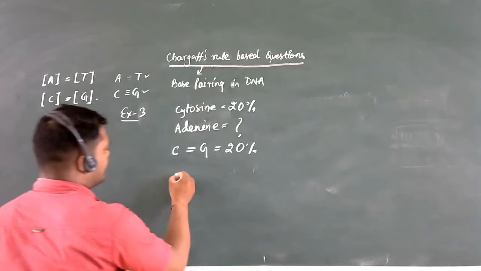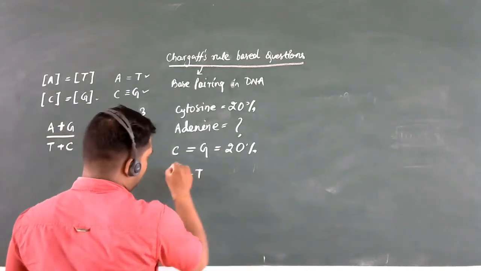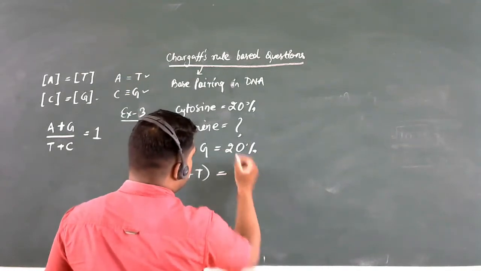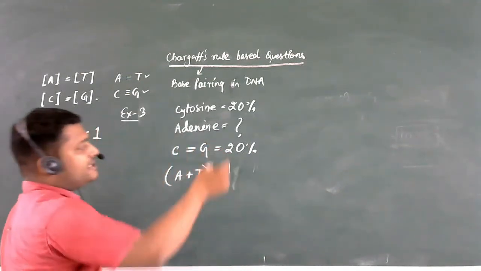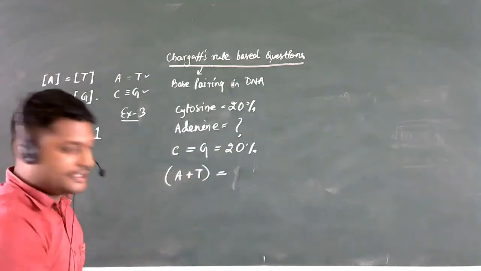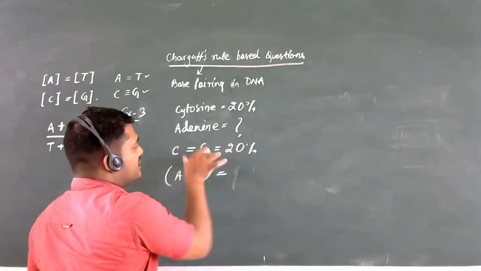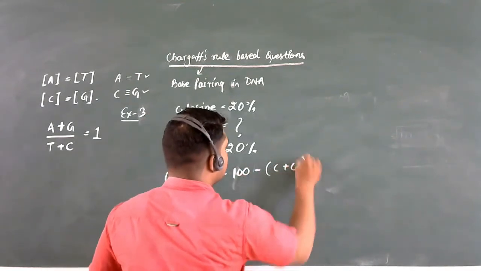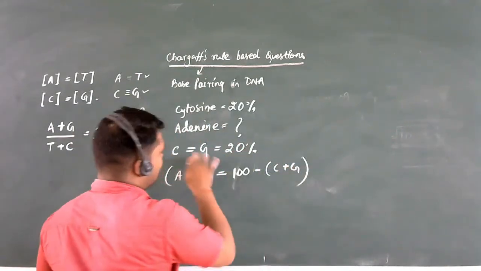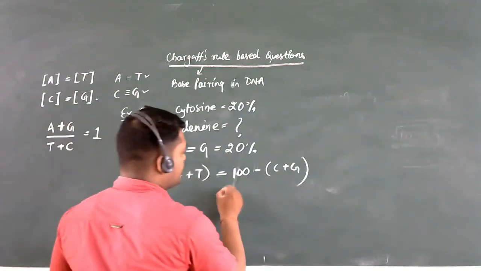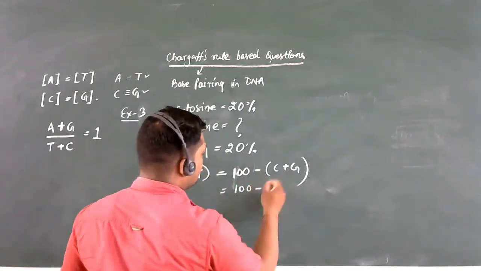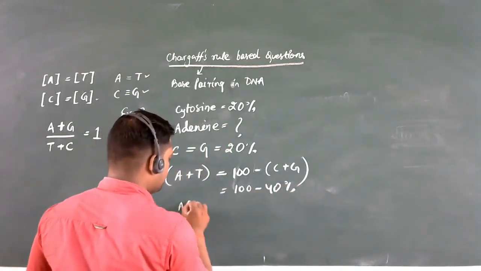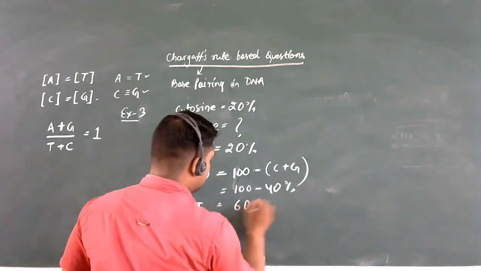We all know that A plus T, as we have solved from Chargaff's law, is equal to C plus G. So if you want to find the percentage of A plus T first, it is 100 minus C plus G. If you put C and G as 20 each, that is 100 minus 40%. So here A plus T is going to be 60%.